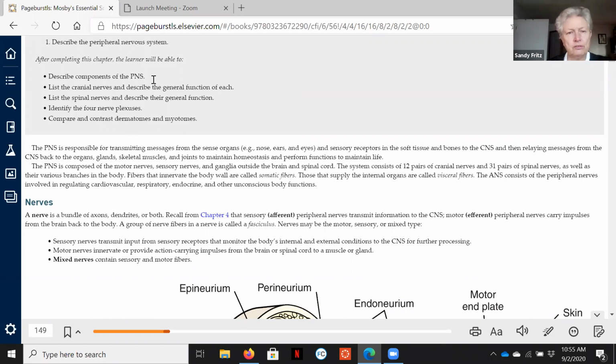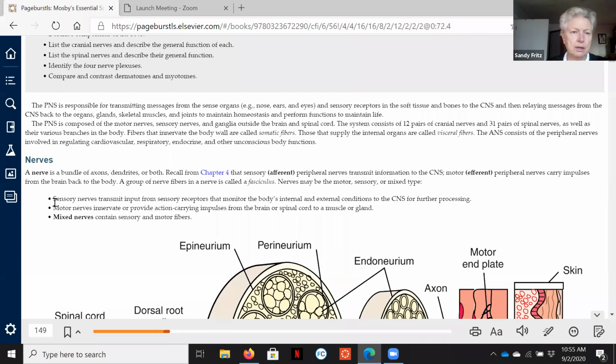So nerves are collections of neurons, and we have sensory that listen, pay attention, and deliver information, and motor, which provide the response. And lots of times you'll find these mixed together and wrapped up in a connective tissue-ish type covering, and that's a mixed nerve.